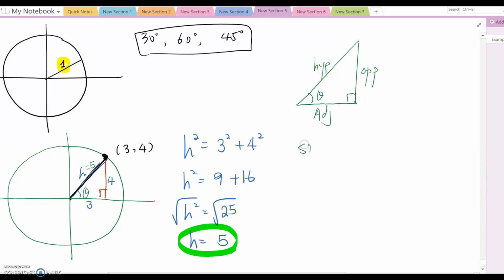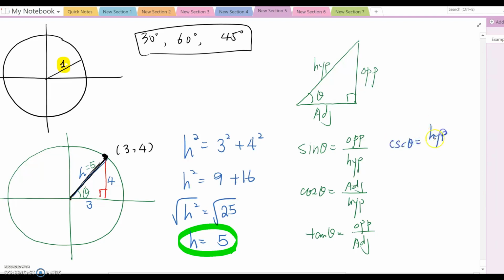And we know that sine theta means opposite over hypotenuse, cosine theta means adjacent over hypotenuse, tangent theta means opposite over adjacent, cosecant theta means hypotenuse over opposite, secant theta means hypotenuse over adjacent, and cotangent theta means adjacent over opposite here.